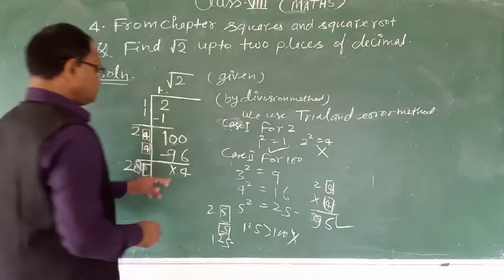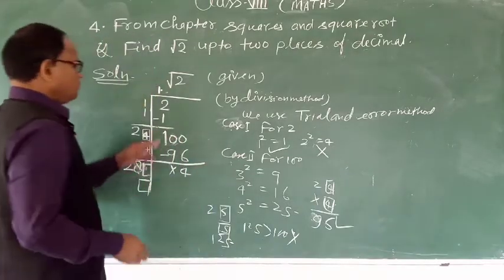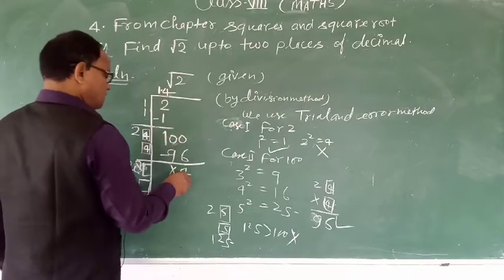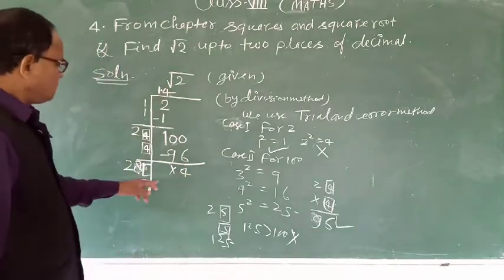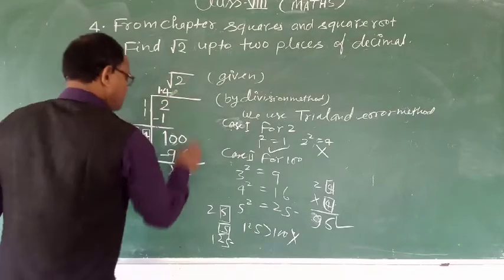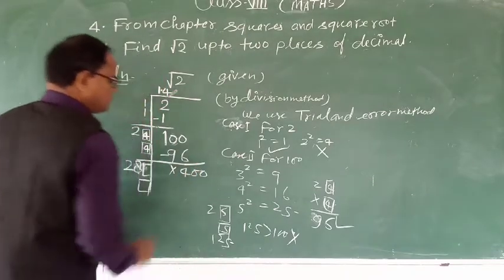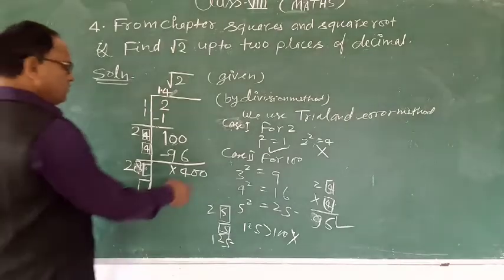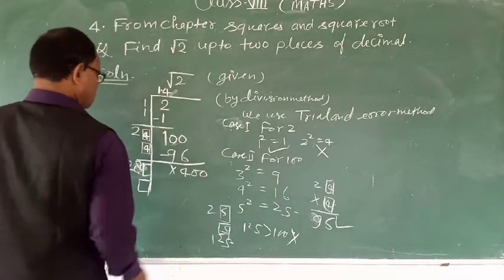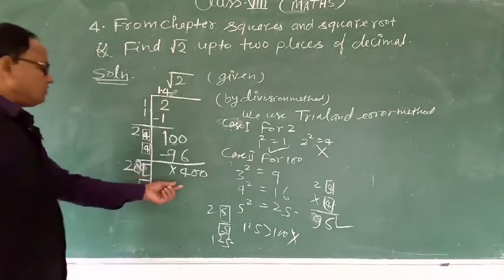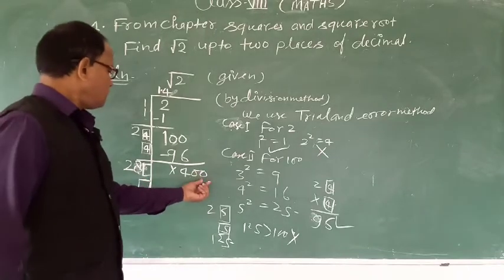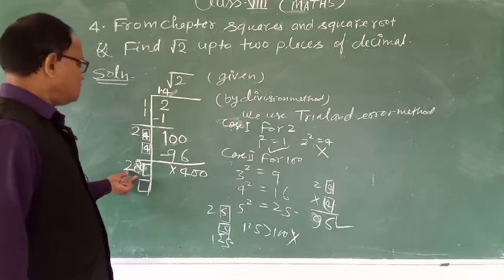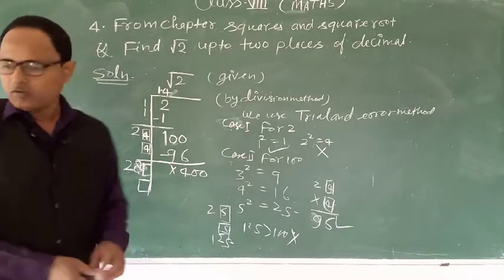Here the point, here write 4 and after this 2 0, write 00 here because the point is right here. Then we can write 00. Here, which number's square, write here and multiply this, which is not greater than 400.